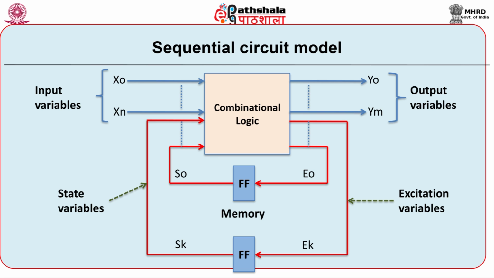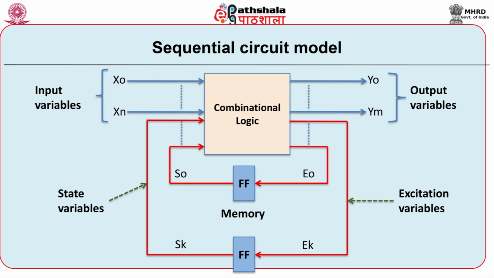The universal model for sequential circuits shows how combinational circuits and memory or flip flops are correlated to each other. The universal model includes all the elements of sequential circuit. Combinational circuit accepts binary input variables x 0 to x n and generates output variables y 0 to y n.